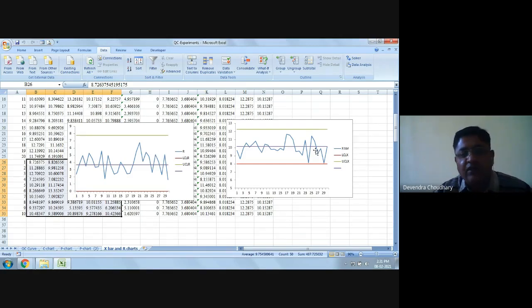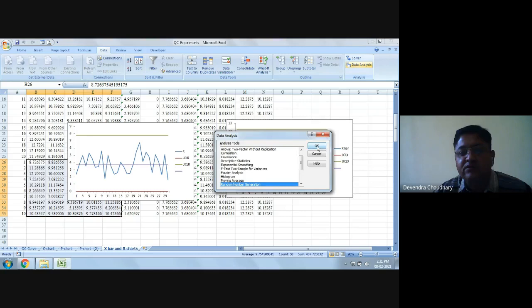And the points are falling on both sides of the X bar chart, but they are not falling close to the center line. Due to the increase in variability, they start falling close to the upper and lower control limits, and sometimes they may fall beyond the control limits.